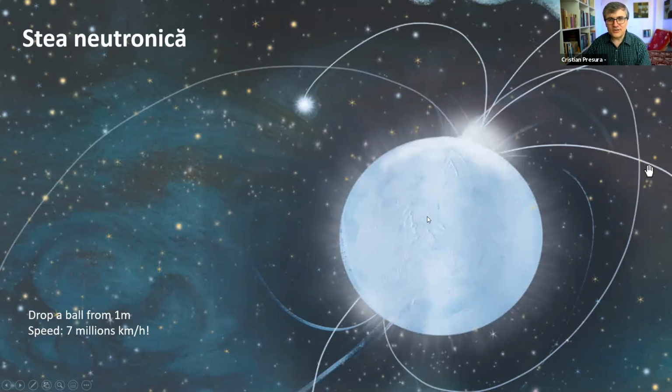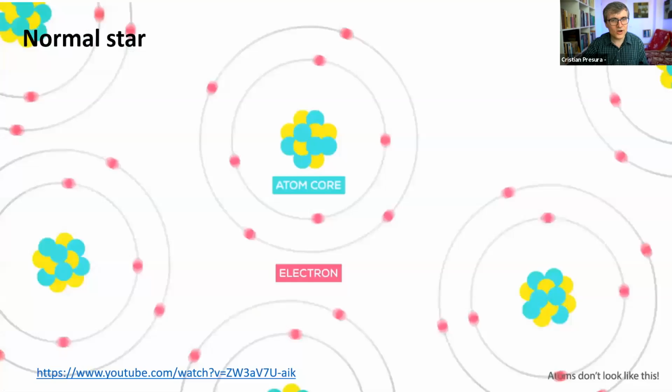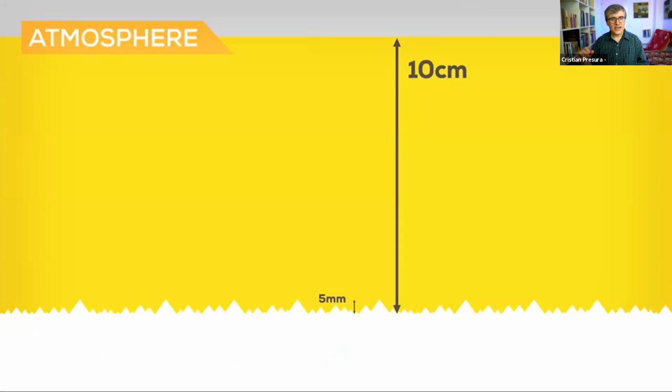And what you see here on the surface are tiny mountains, because you can imagine the star is only a few kilometers in size. Because the gravitation is so large, you cannot have mountains, because everything is going to be flattened.